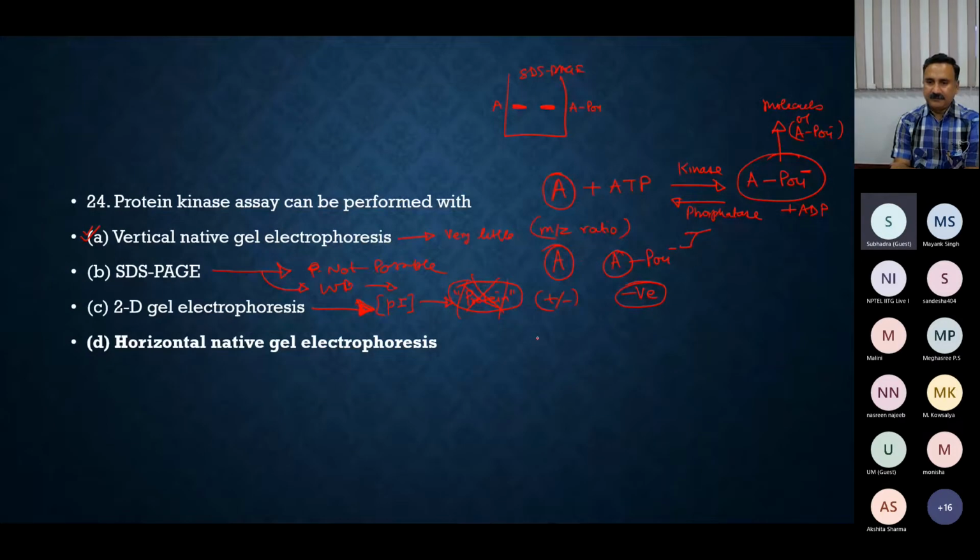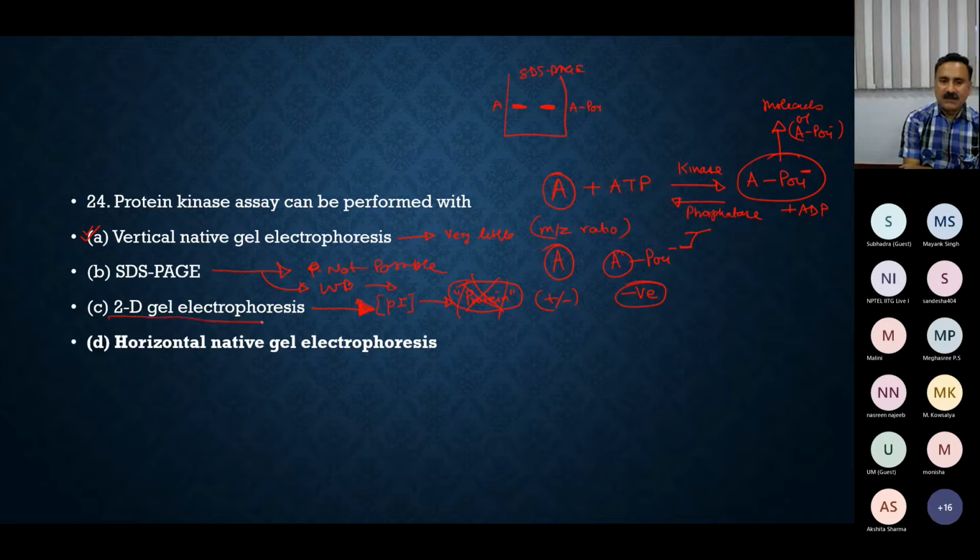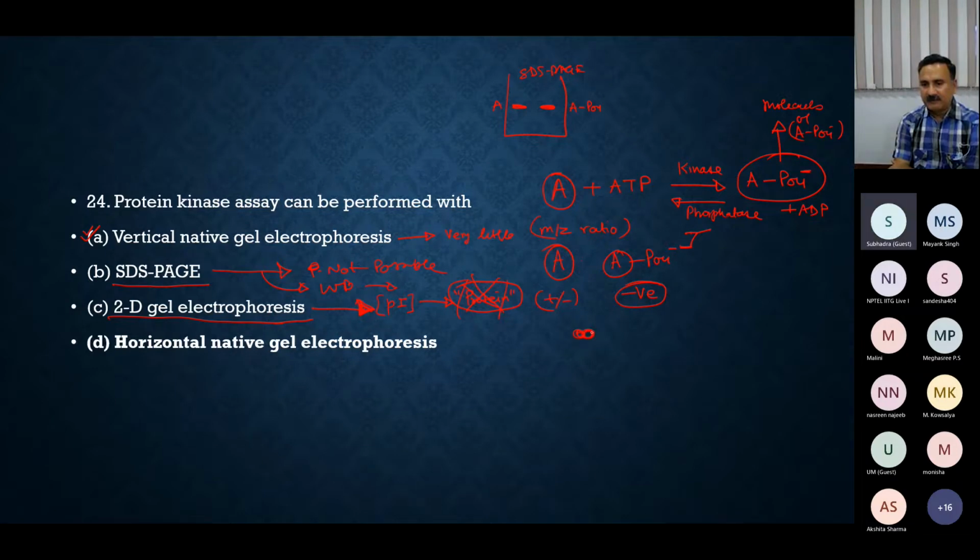Different charge. Oh, achha, no. Yeah, but these contributions are very little actually. You cannot do simply the 2D gel electrophoresis. This is actually the same logic for SDS PAGE also. If you do a 2D gel electrophoresis, A and A phosphate will actually be very close. They will be like this.